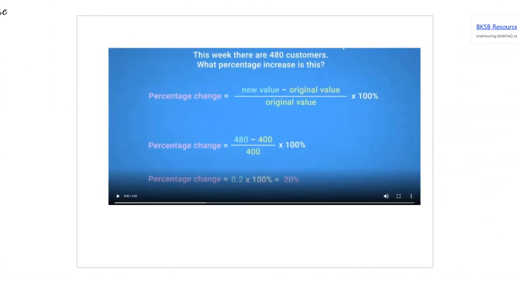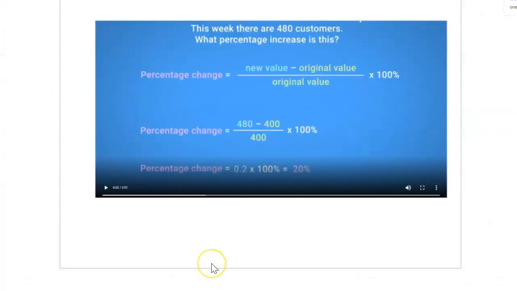I've put how we work out percentage change, just as a reminder. Percentage change equals new value, take away original value, divided by original value. That is probably where a lot of people go wrong. They put the new value again as the divisor. So new value, take away original value, over original value, times 100.